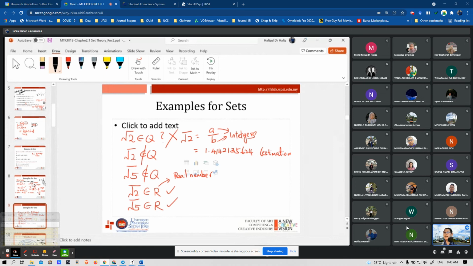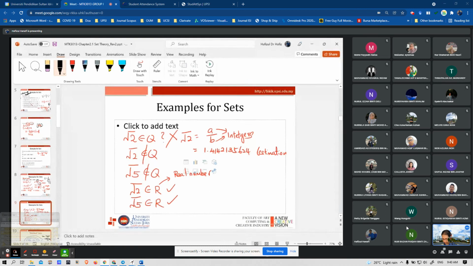Okay, and then an example for sets. Is the square root of 2 a member of Q, a rational number? The square root of 2 is not a member of Q. The same goes for the square root of 5, because for a rational number, A and B must both be integers.